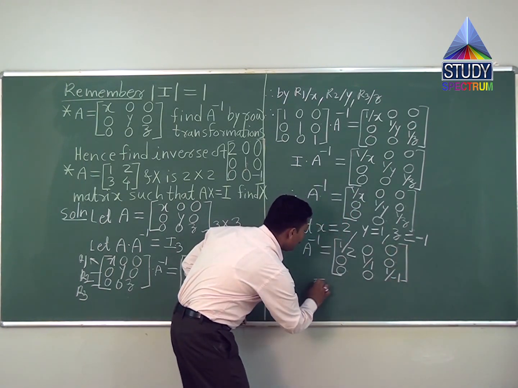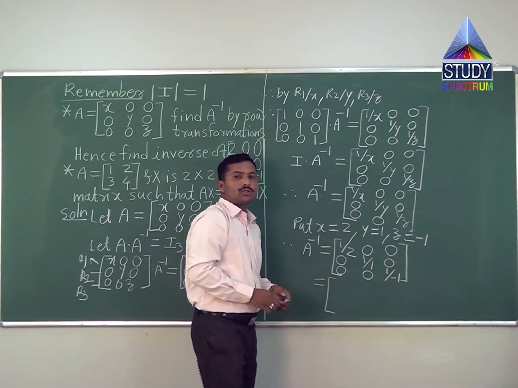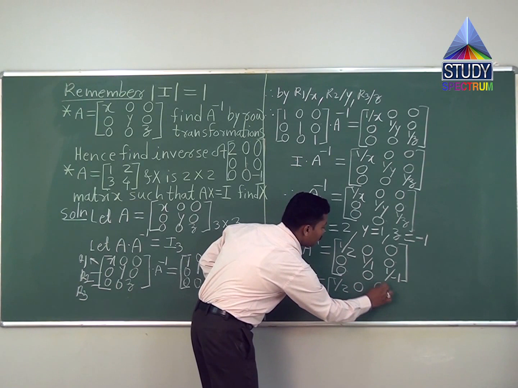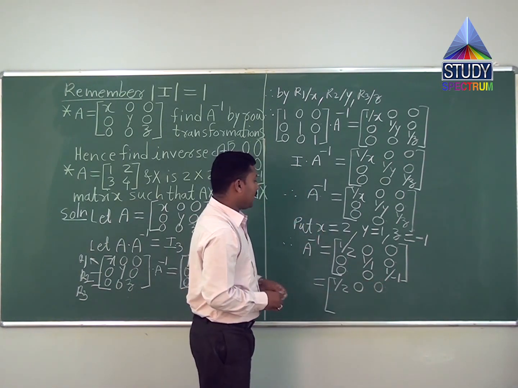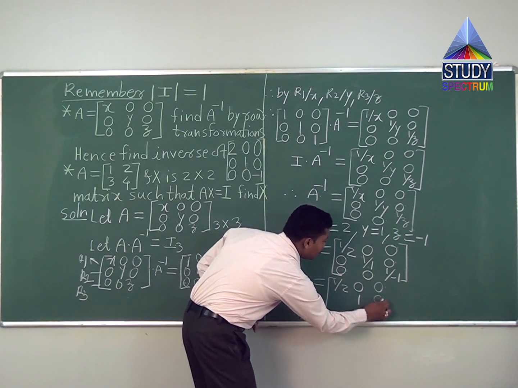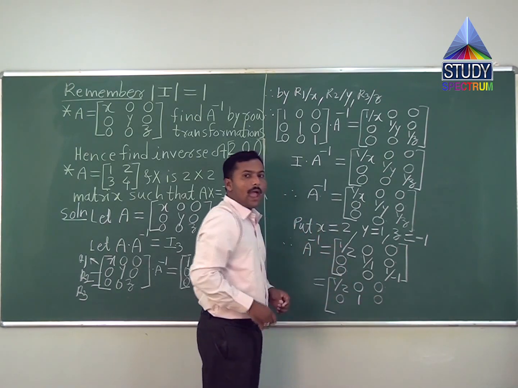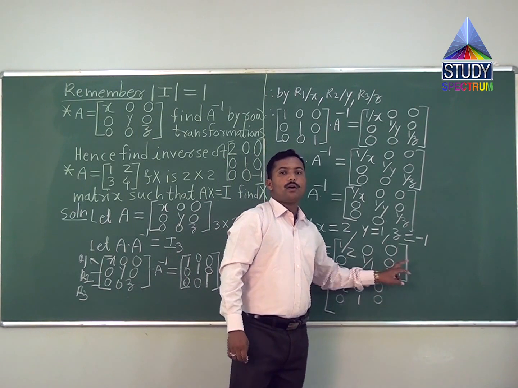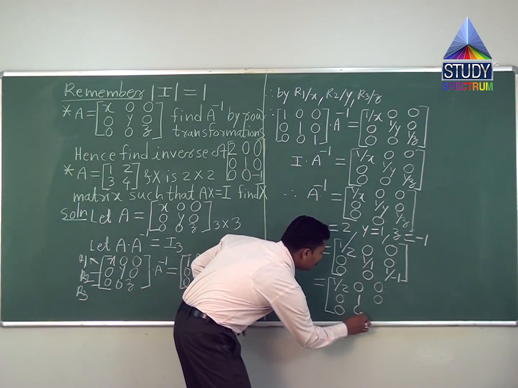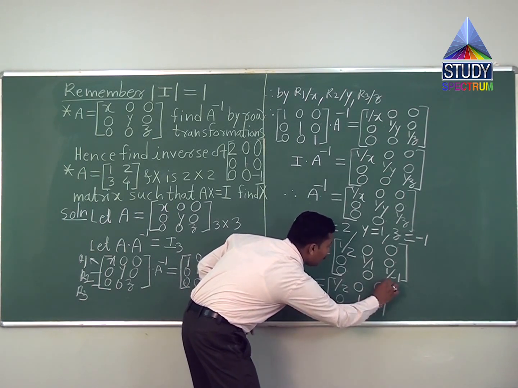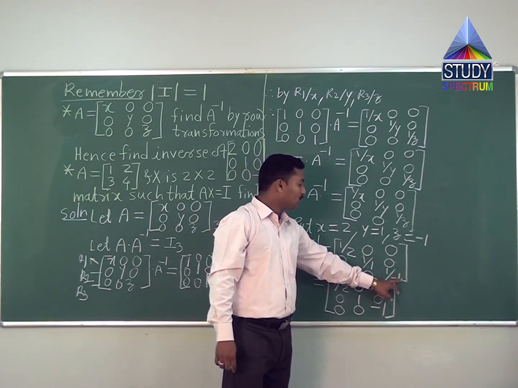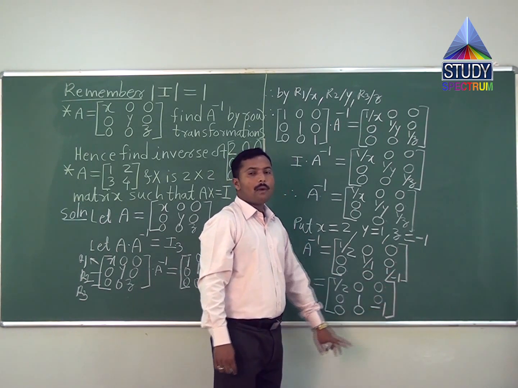So equal to first row as it is half, 0, 0; second row 0, 1 upon 1 means 1, and 0; and this 0 and this 0 as it is, 1 upon -1 means minus 1. So the last row is 0, 0 and minus 1.